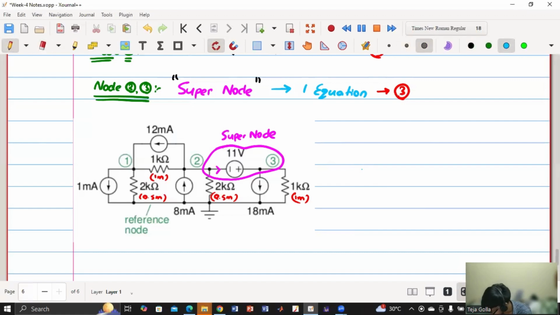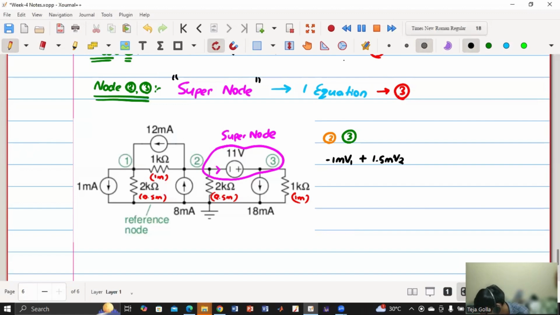Now, first time, I'll write it this way. I'll use two colors: orange for node 2, and dark green for node 3. First I'm writing at node 2. Node 2 we have A21, A22, A23. So minus 1 milli into V1 plus what is the total conductance at node 2? It's 1.5 milli V2.